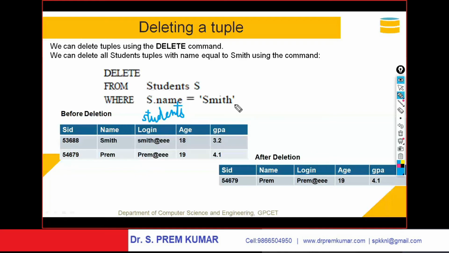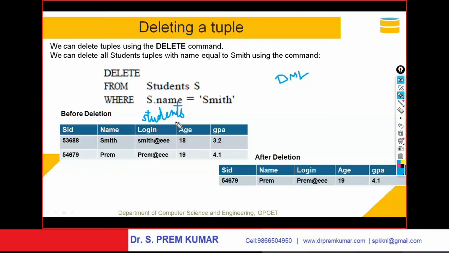Now I don't want Smith. Previously I inserted, but now I don't want it. Then you should use a DML command, because you are working with instance data and you want to remove the data. I want to delete. Delete from table name, delete from students.